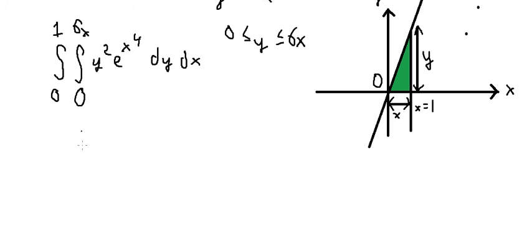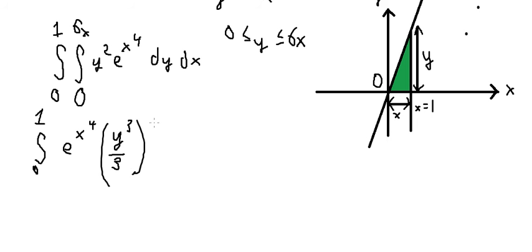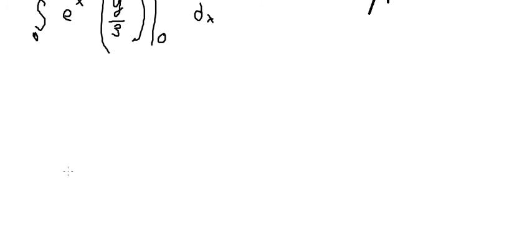About dy, you will get e to the power of s to the power of 4, times y to the power of 3 over 3, and we have the boundary from 0 to 6s, ds. So we put 6s in here, number 0 goes in here.